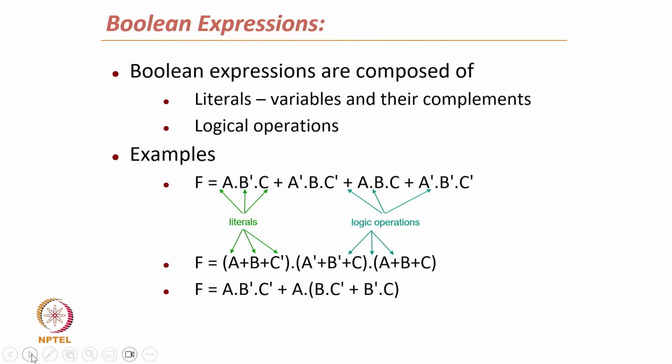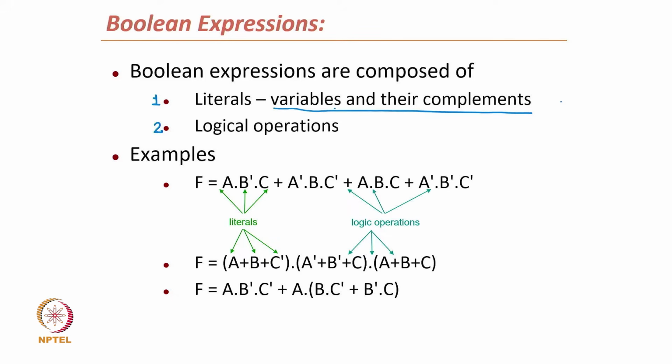Boolean expressions are composed of two things. One is the literals and the second is the logical operations. So, what is a literal? Literal is a variable and their complements.